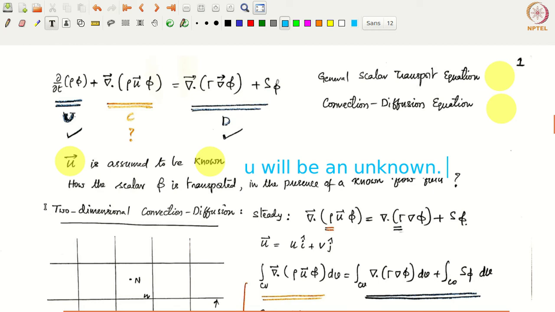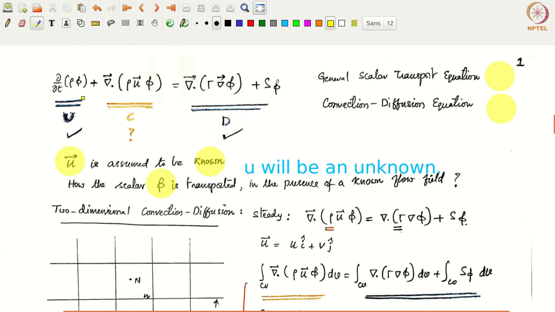The question we are interested in is how this phi is getting transported in the presence of a known flow field. So essentially u bar is known, and how is my phi getting transported? That is the real question we are asking.